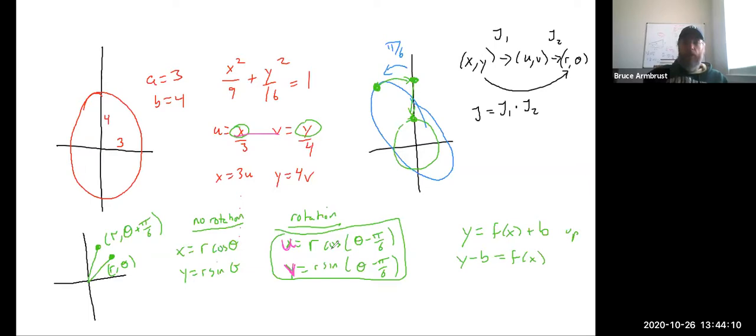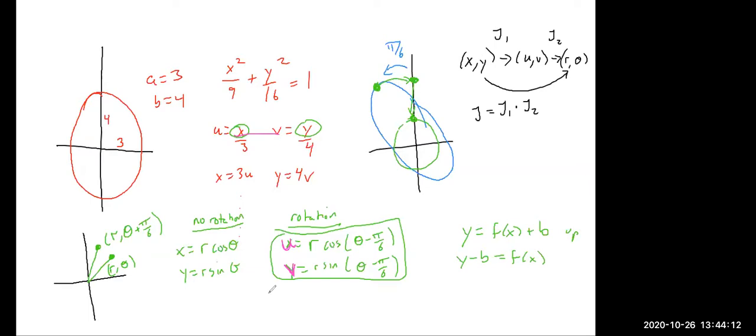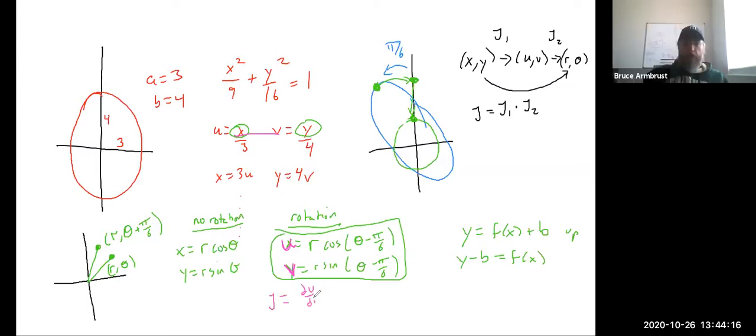Like for this one, if we're going to find that Jacobian, du dr, du d theta, dv dr, dv d theta, we already have those things. According to the way I've written it, this would be J2. But just find that determinant.